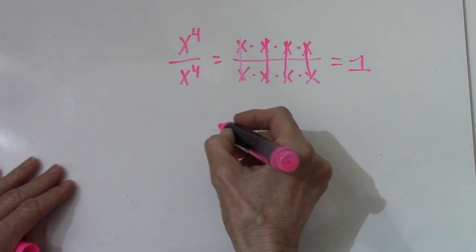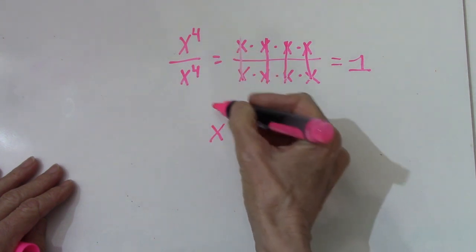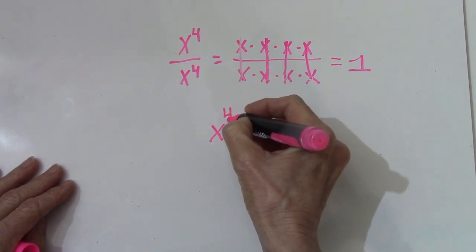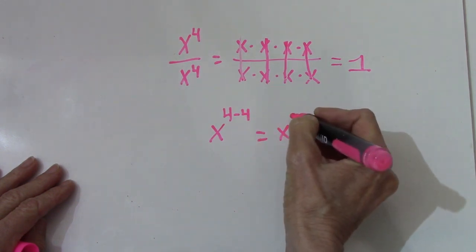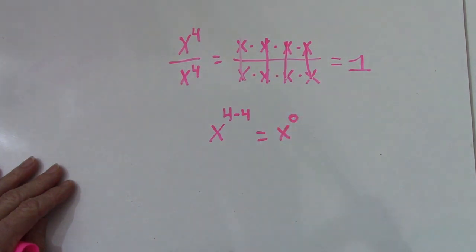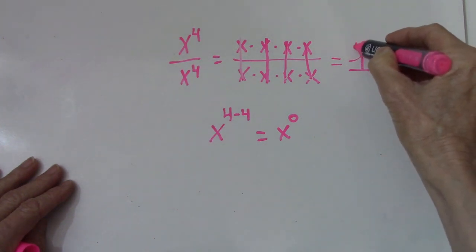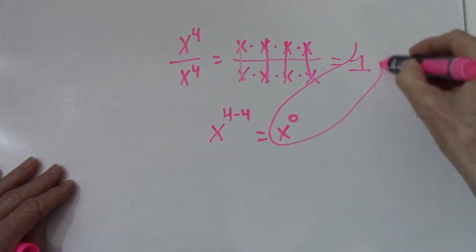But let's look at the rule where we can subtract the exponent. So this gives us x to the 4 minus 4, which gives us x to the 0. And because we have two different rules, they give us the same answer.